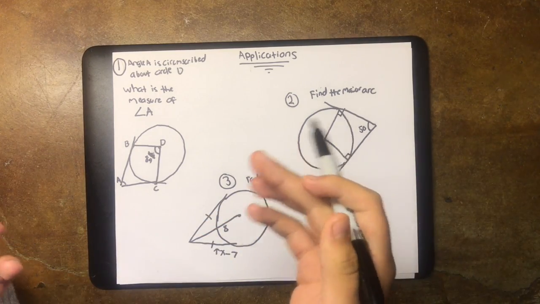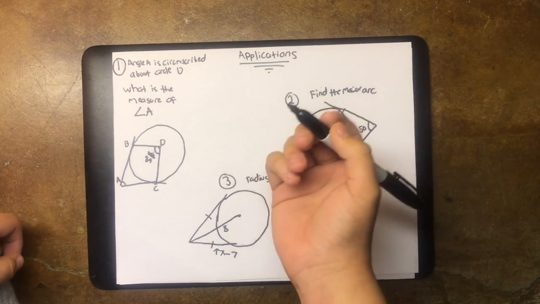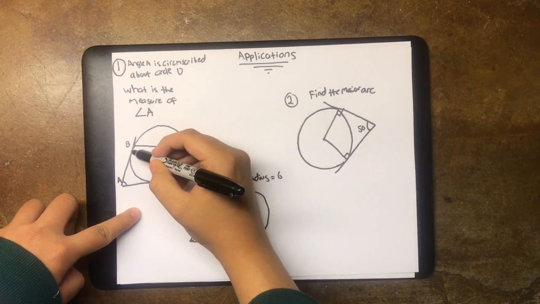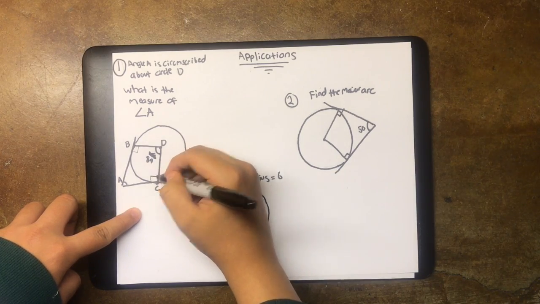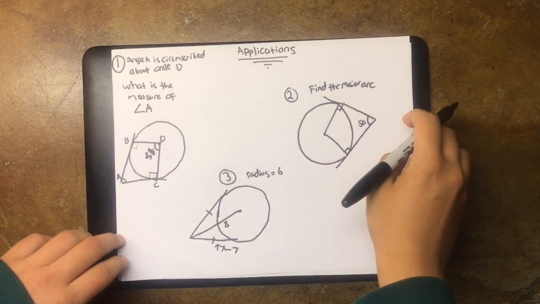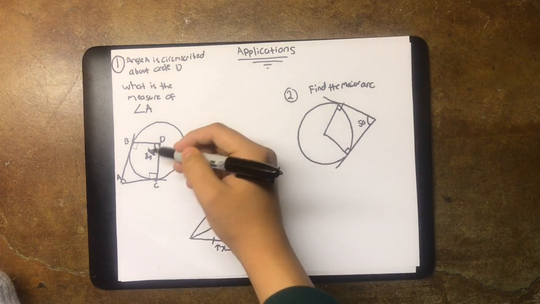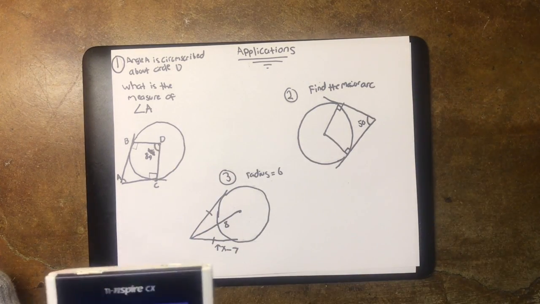If we remember the characteristics, the tangent line creates a 90-degree angle here, and over here also a 90-degree angle. From this we know angle D, which is 89.